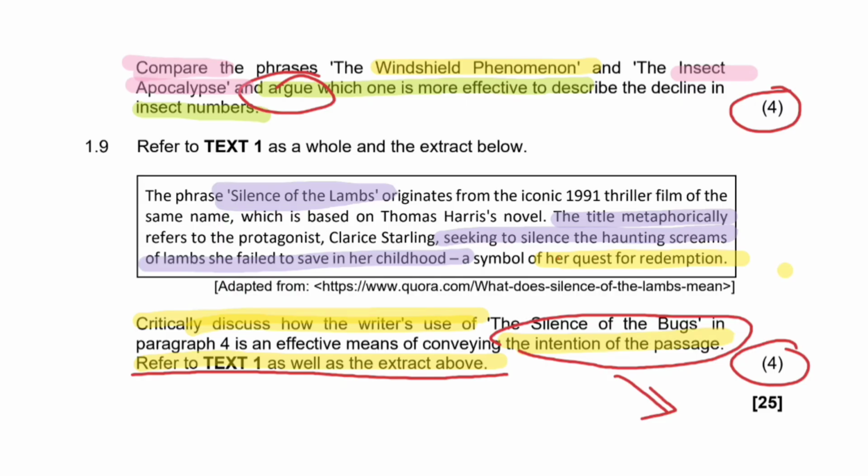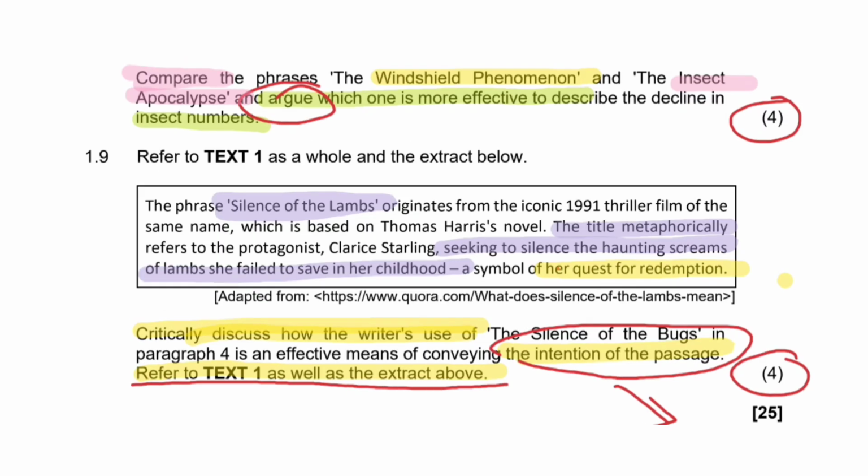What is the intention of the passage? The author of the comprehension text wants you, the reader, to feel accountable for the loss of insects. The author wants you to be conscious of your participation in the decline of insects numbers. Next, we need to tie in the context of text 1 and how the context is embedded in the silence of the bugs.